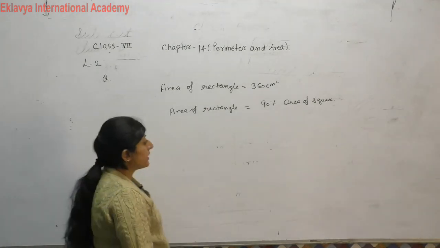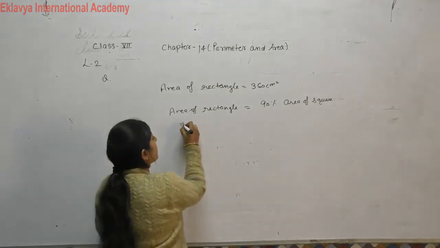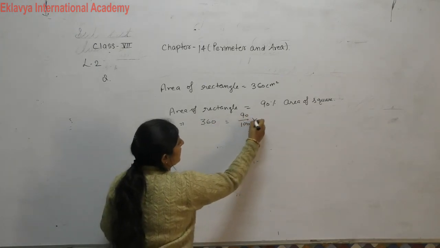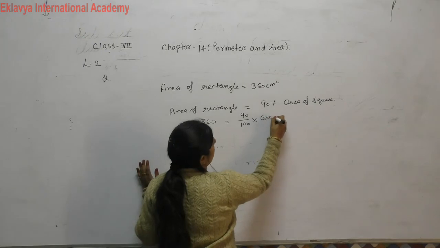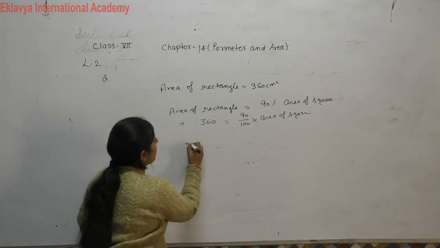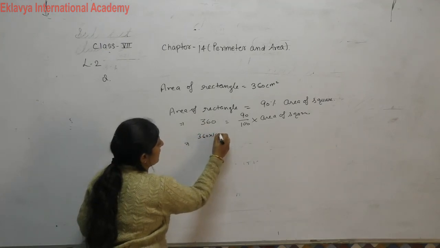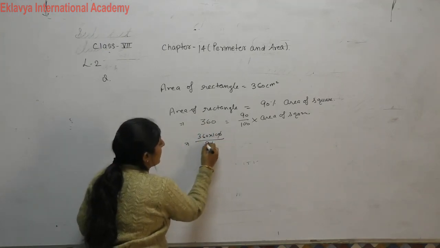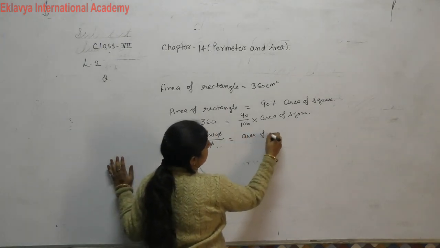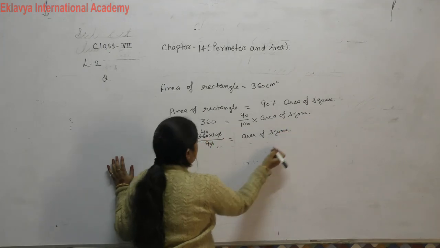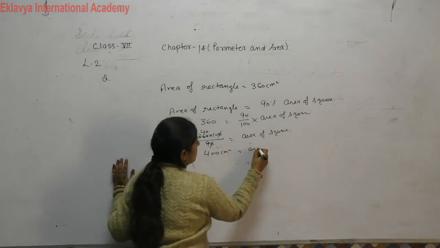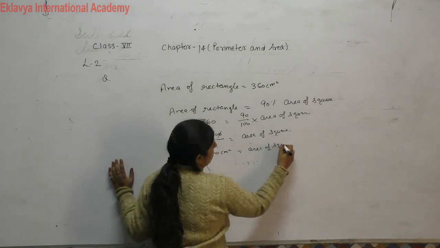Then see, it is given to you 360 is equal to 90%, means 90 by 100 multiplied by area of square. Then after solving this, you can find out 360 multiplied by 100 divided by 90, 9 4s are 36, is equal to area of square. That is equal to 400 centimeter square is equal to area of square.